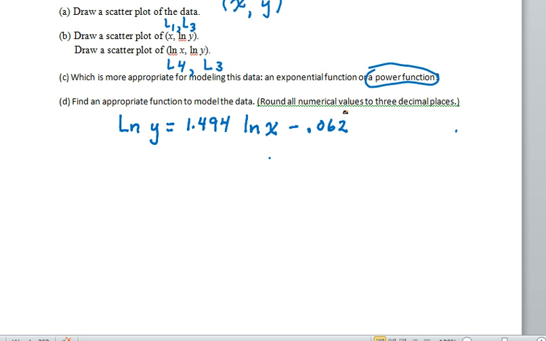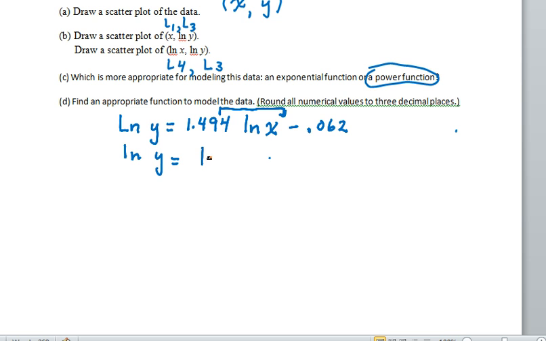We're going to use several of the properties of our logs and exponents here. The first one we're going to use is that the 1.494 can be moved to the exponent of the x, because a constant times a log of x is the log of x to the power of that constant.